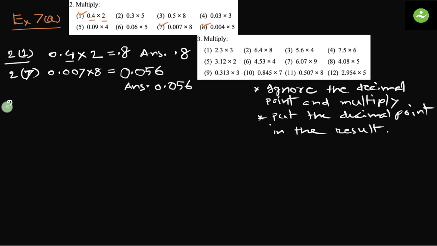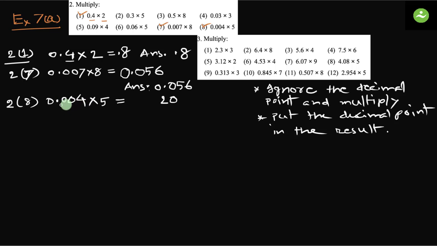Now number 8. 0.004 into 5. So ignore the decimal point and do the calculation. Multiply. It is 20. Put the decimal point in the result. Count the digits: 1, 2, 3.